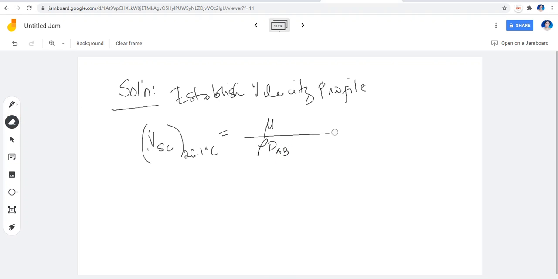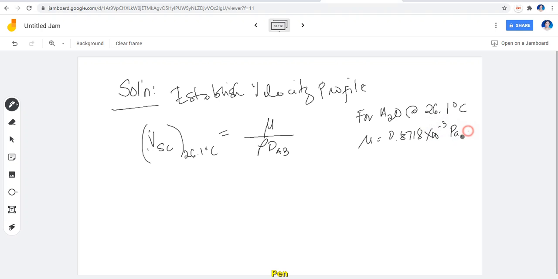And if it's water, so for H2O at 26.1 degrees Celsius, our mu is 0.8718 times 10 raised to negative 3 Pascal seconds.